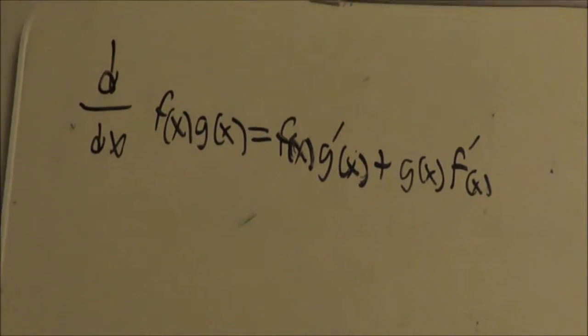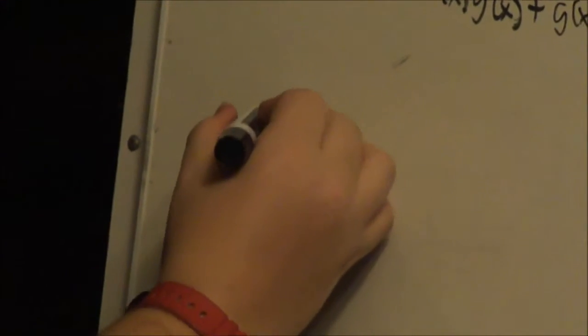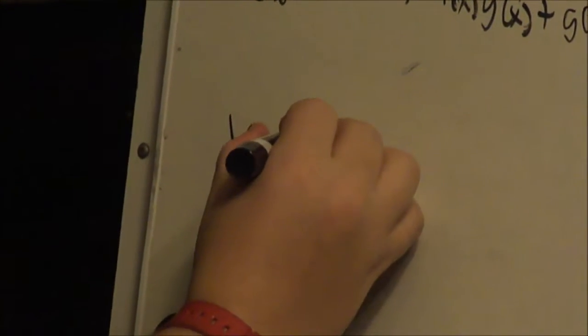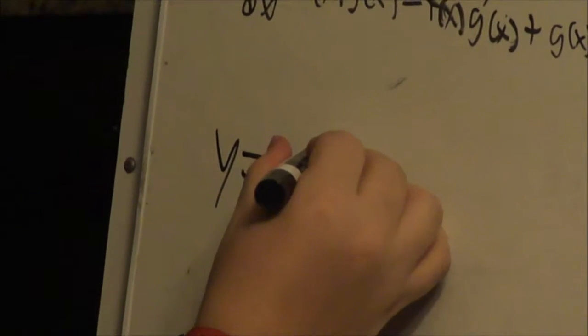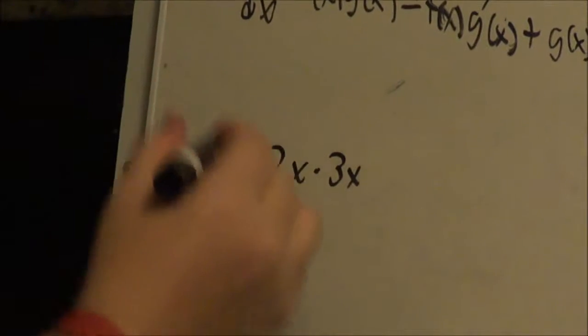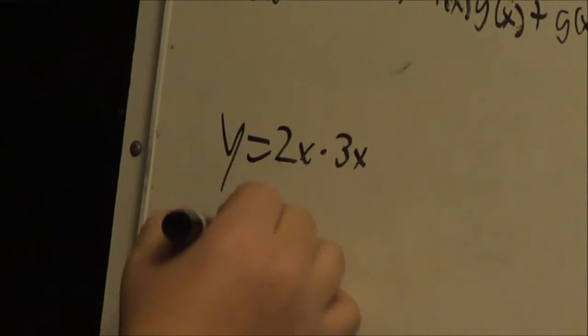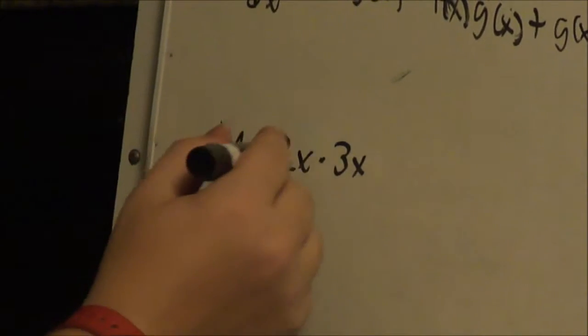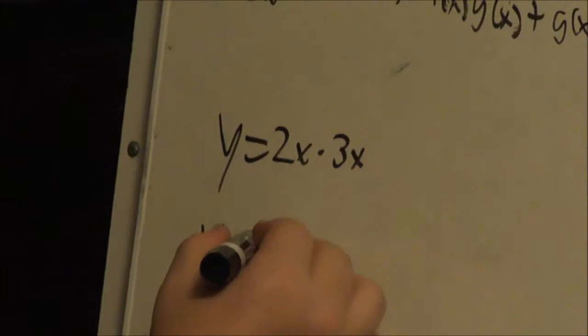So an example would be y equals 2x times 3x. So you would first find the derivative of the g of x, which is the 3x.